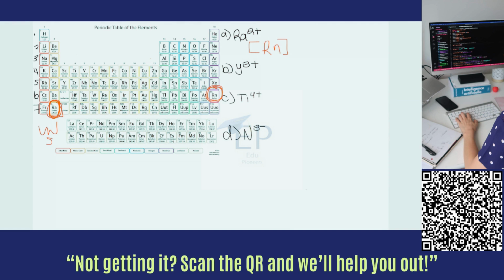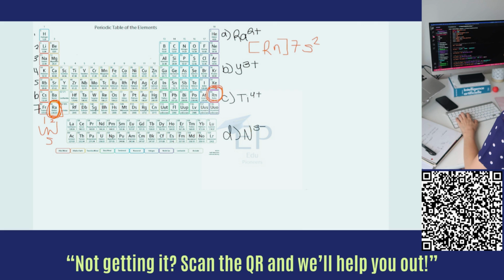And then after the brackets, we write in all of the orbitals that radon does not have. So that's going to be anything that comes after radon. So it's going to be the s orbital that radium has in the 7th energy level. And since it's in the 2nd column of the s orbital region, we know it has 2 electrons that occupy that orbital.